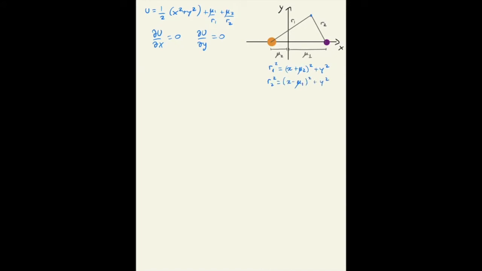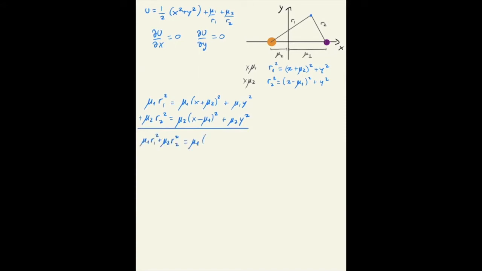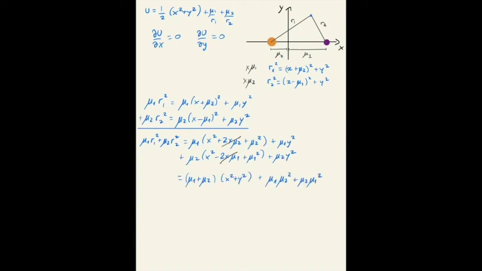So let's take these two equations here. Multiply the first one by mu1 and the second one by mu2. Now if you sum both equations, then you have, also expanding the squares, you can immediately see that the cross term is going to cancel. So what you're left with is, now mu1 plus mu2 is equal to 1.